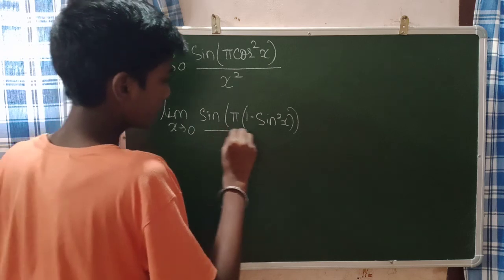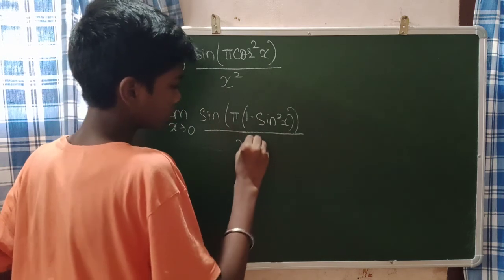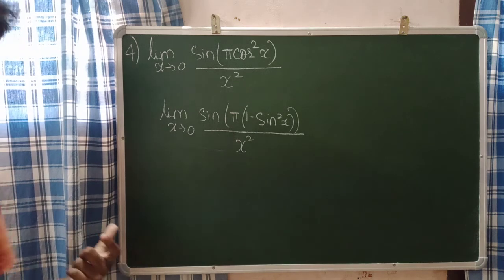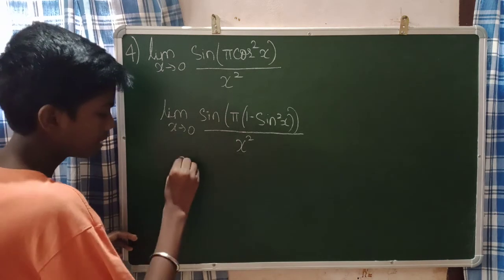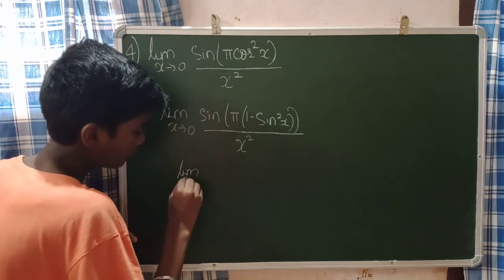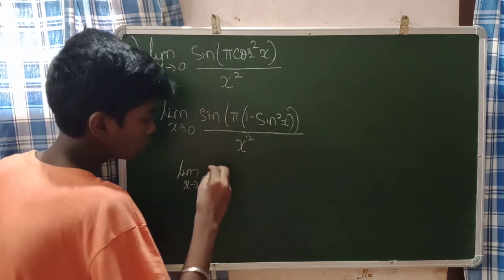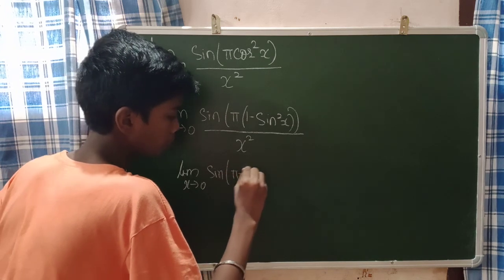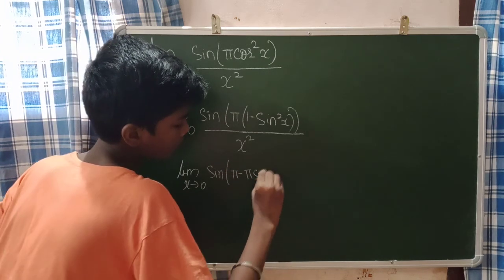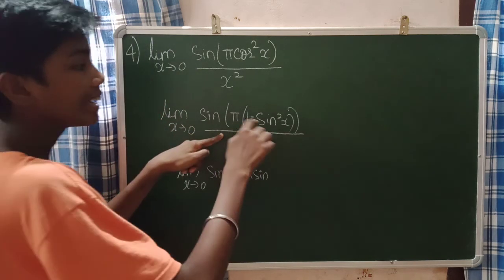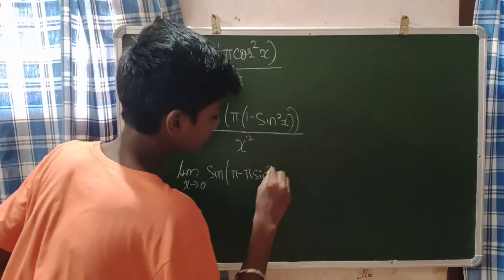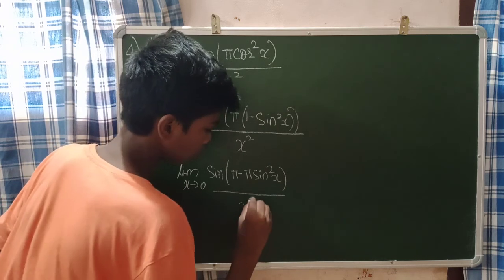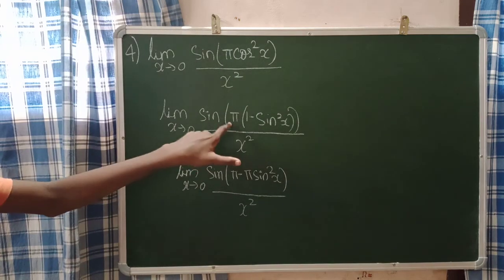Now, you need to divide by x square. Now, you are going to do the basic multiplication by opening the bracket, in the numerator. When I do like that, I will get limit of x tends to 0 of sine of pi minus pi sine square x, just multiplying the pi with the inside expression by opening the bracket, divided by x square.